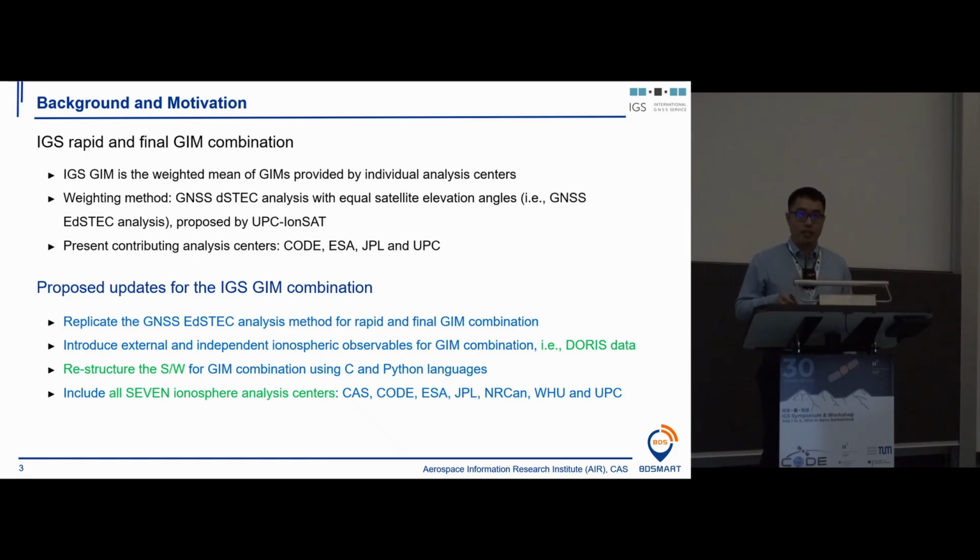We would also restructure the software for the GIM combination using C and Python. Compared to the current IGS combined product, which only uses 4 analysis centers, we would like to extend to the full 7 analysis centers.